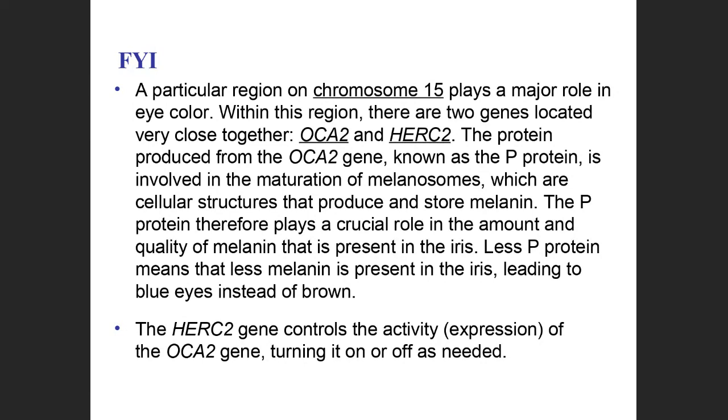So if you have two parents that have blue eyes, but each parent has a different defective gene, their children can each get a good gene. And so the children can have brown eyes because they inherited the good gene from one parent and the other good gene from the other parent. So the child has both good genes, but the parents only have one good gene, and they have the opposite one.